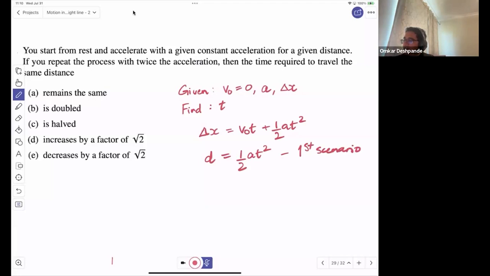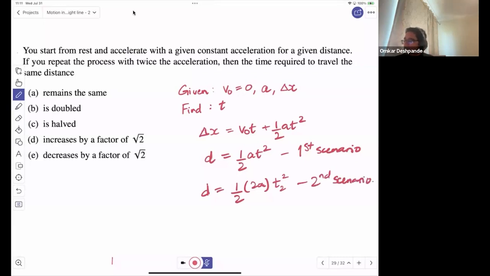In the second scenario, we are going the same distance, but we are going with twice the acceleration. So how will the time required, let's call this t2, be connected to the earlier time?